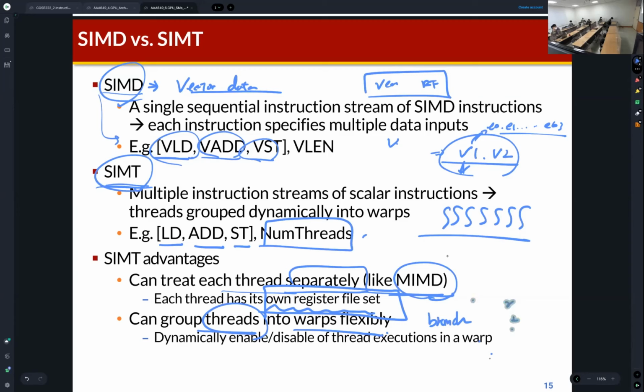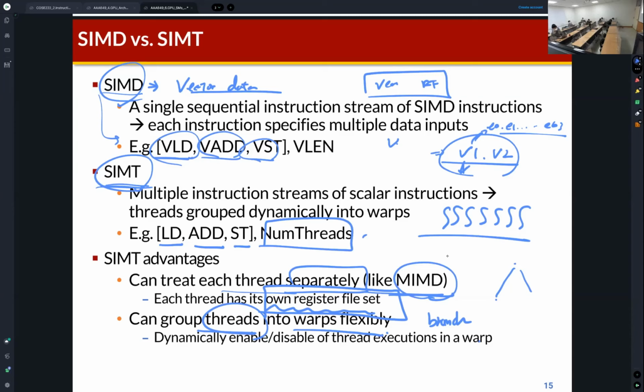That is a feature of the CPU model; the CPU supports branch instructions, but GPUs also support very diverse execution paths in our applications.